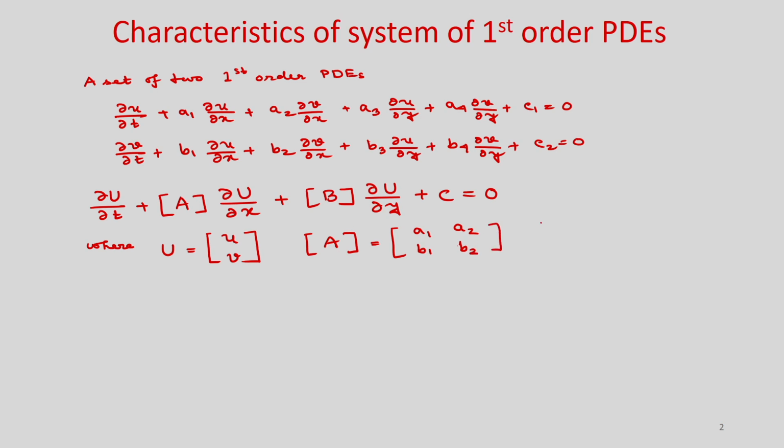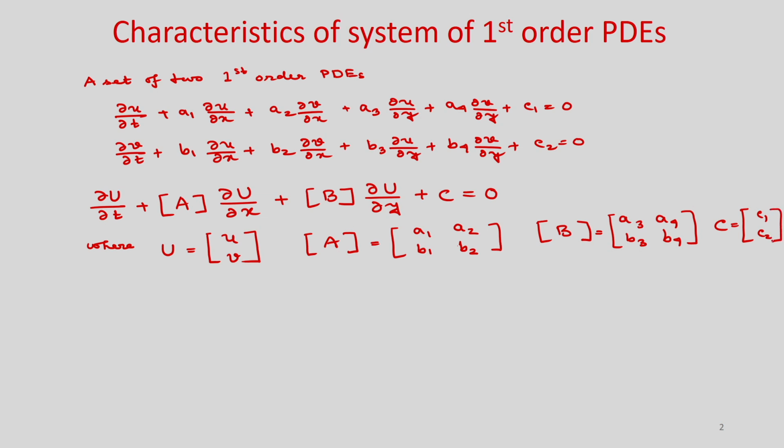Similarly, B will be A 3, A 4, B 3, B 4, and the vector C will be C 1, C 2.